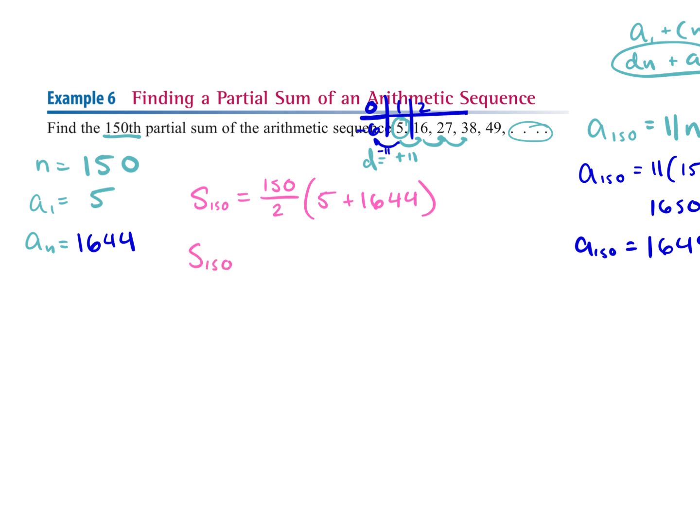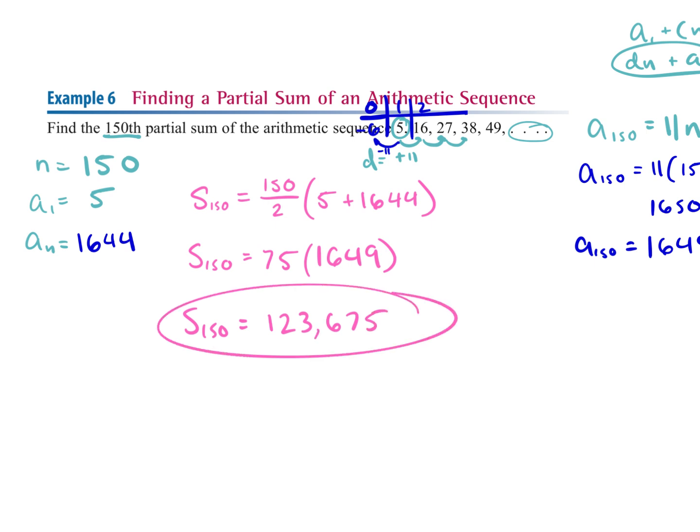So S sub 150, or 150th sum, is equal to 150 divided by 2 is 75, times 5 plus 1,644 would be 1,649 times 75. We get 123,675. So that would be our sum.